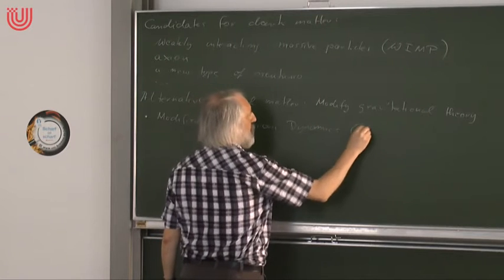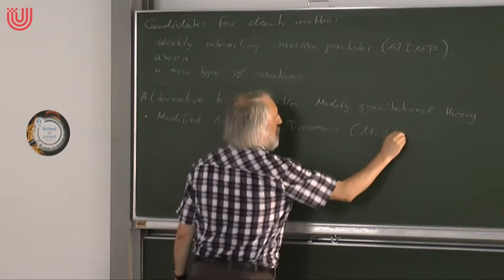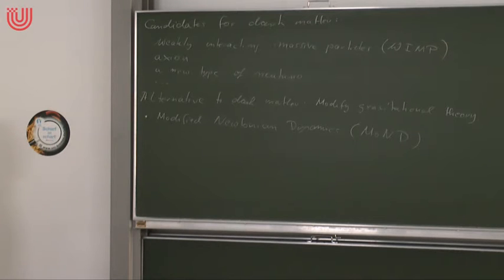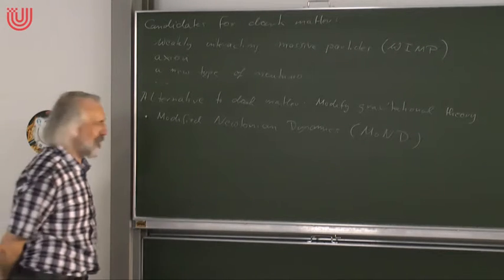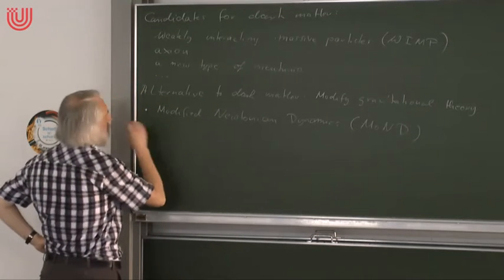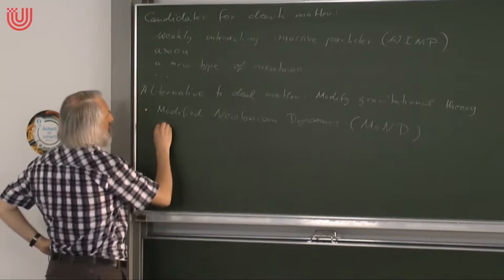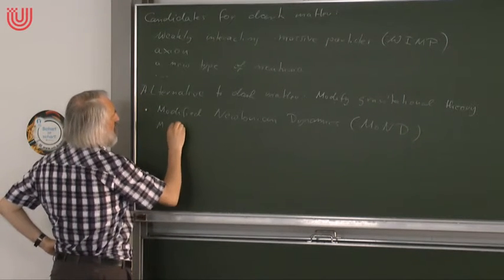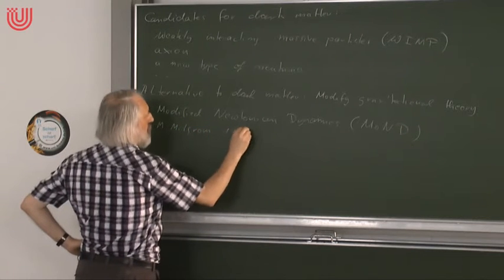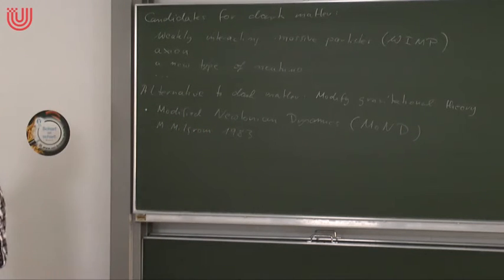And again, this gives a nice abbreviation. It is MOND. Of course, it has absolutely nothing to do with the German word Mond. It's just this abbreviation. And it was suggested by an Israeli astrophysicist by the name of Mordechai Milgrom in 1983.